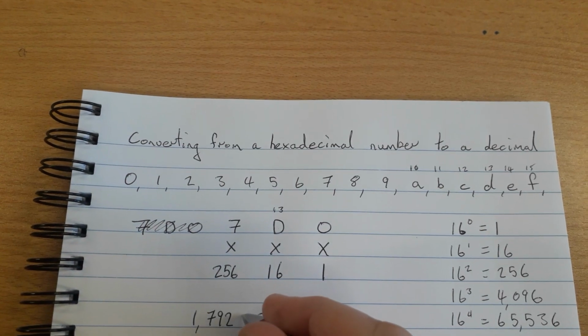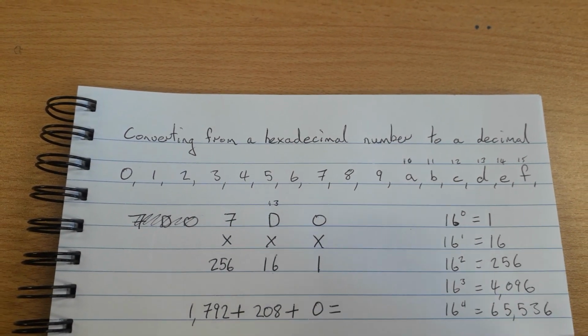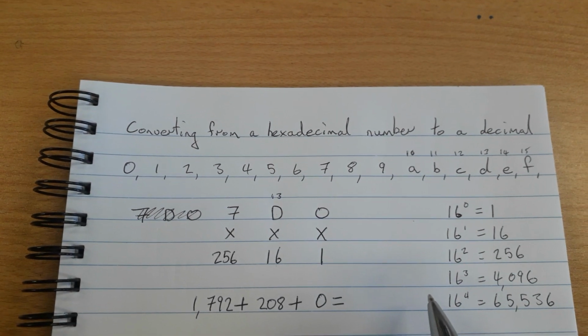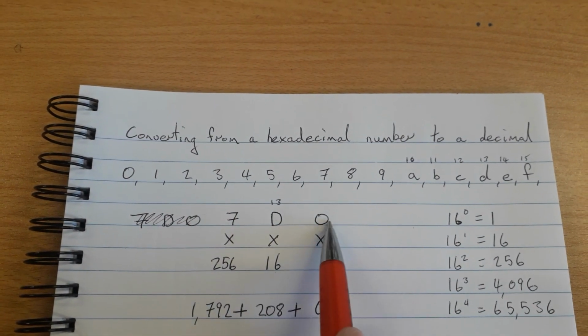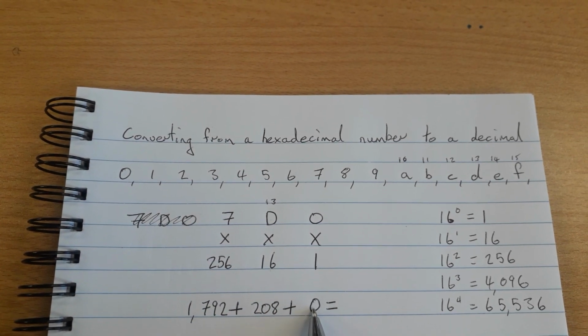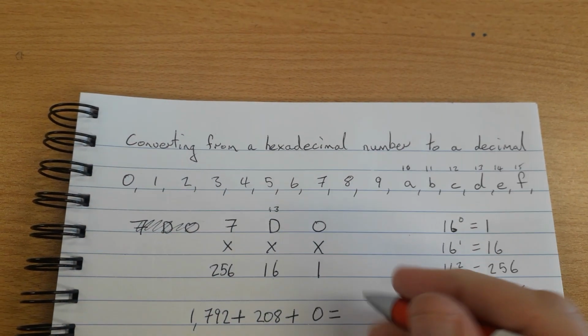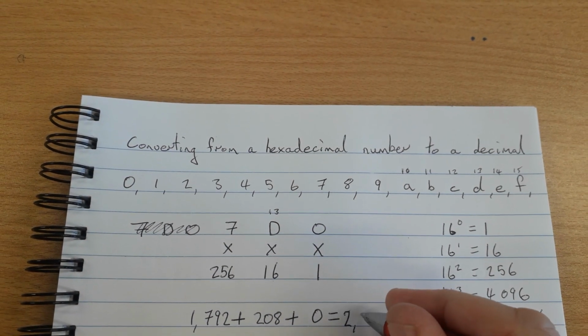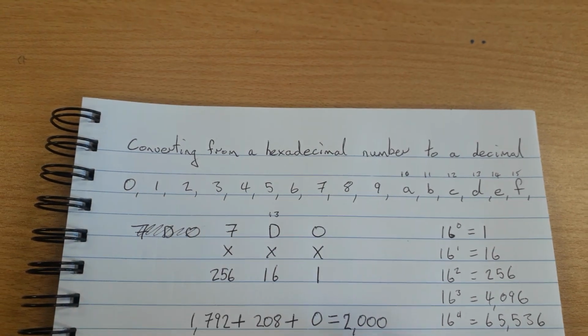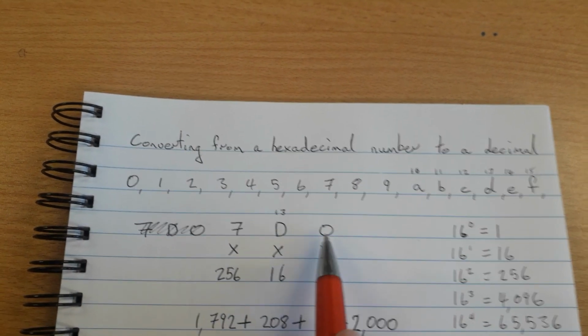And when we've got those, we just add all our answers together to give us the decimal equivalent of the hexadecimal number 7D0. So adding those together, 0 plus 208 is 208. 208 plus this is 2000 even. So the decimal number 2000 is the same as the hexadecimal number 7D0.